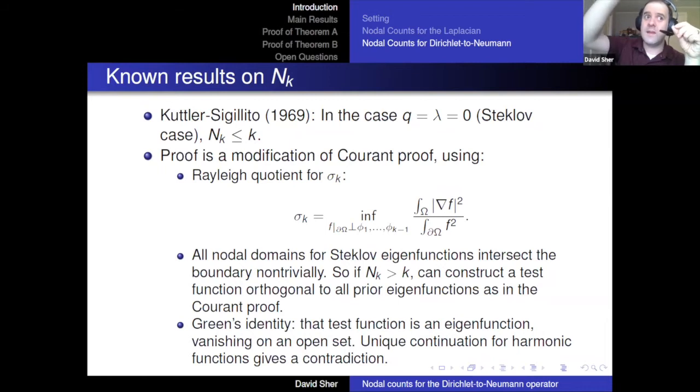That uses Green's identity and the Steklov boundary condition on the bit of the nodal domain on the boundary, and then you use unique continuation for harmonic functions. As I've said, this clearly only works in the case where Q and lambda are both 0.